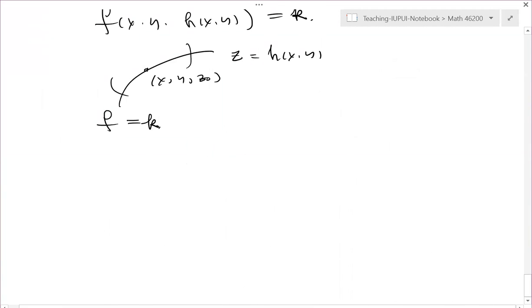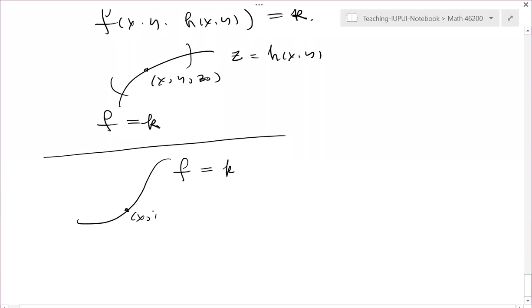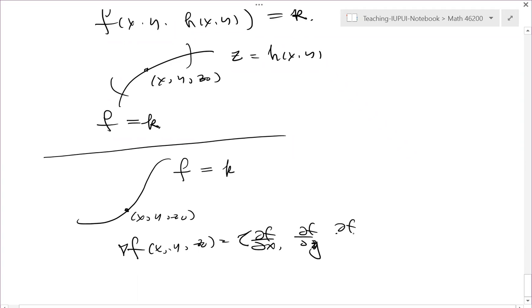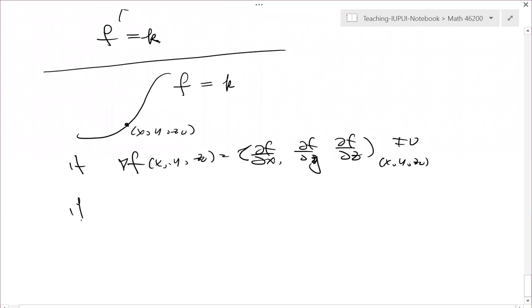And so what the theorem says is that if you have a level surface F equals K, and at an arbitrary point, one of the components of the gradient of F, the 3 functions here, at this point is not 0, that means roughly speaking, you can solve for x in terms of z.